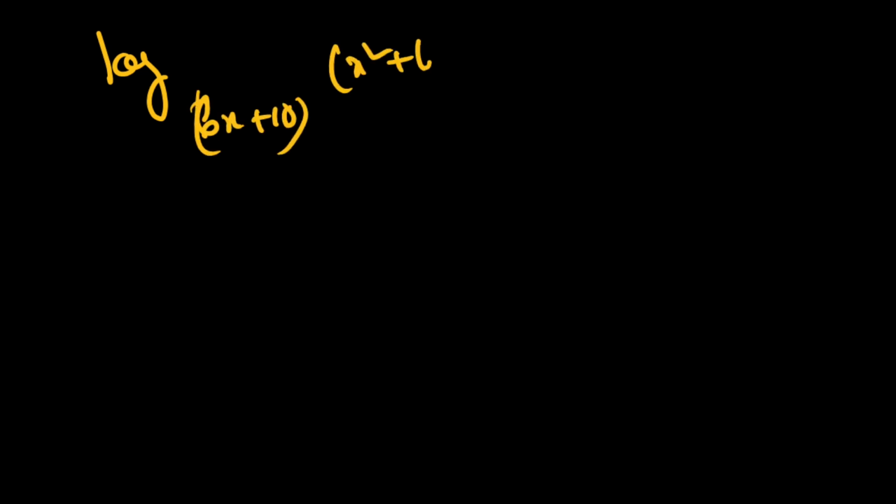Now we simplify the right hand side term, log base (6x + 10) of (x² + 6x + 9). Before, we wrote this argument as (x + 3) whole square.